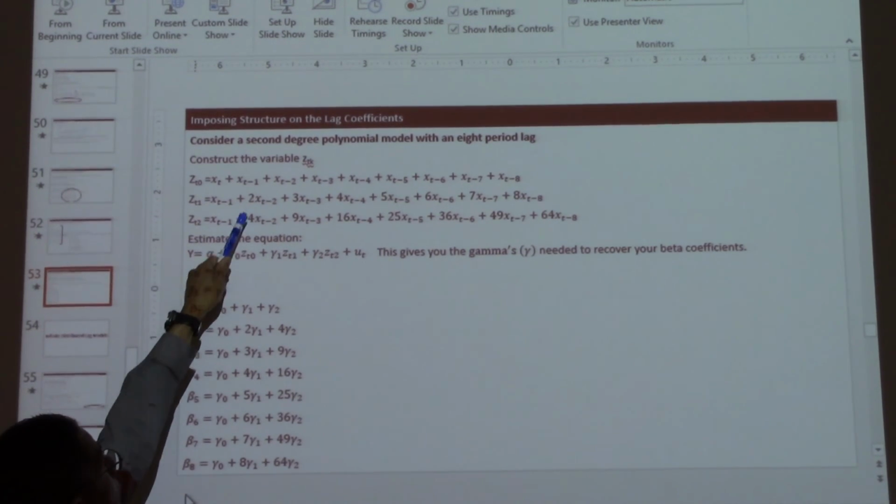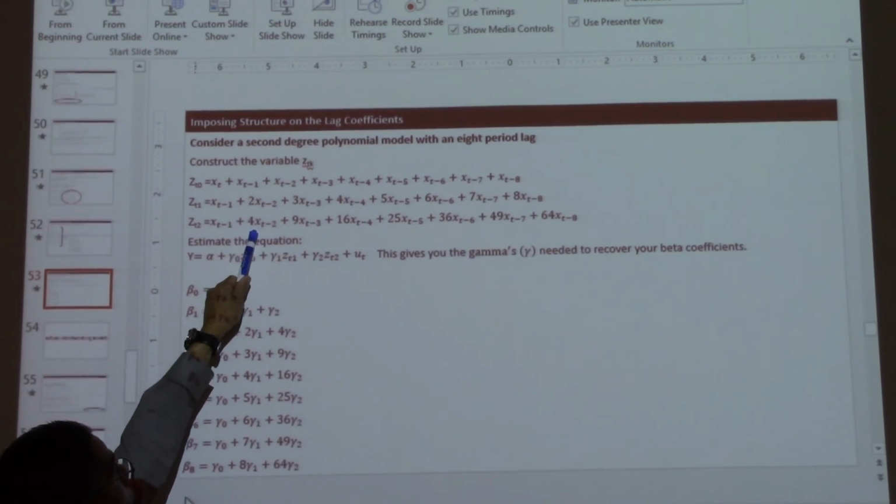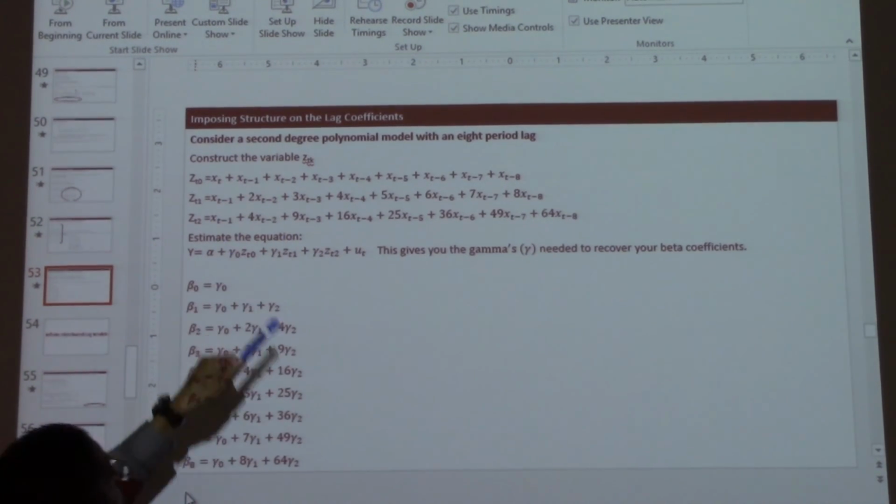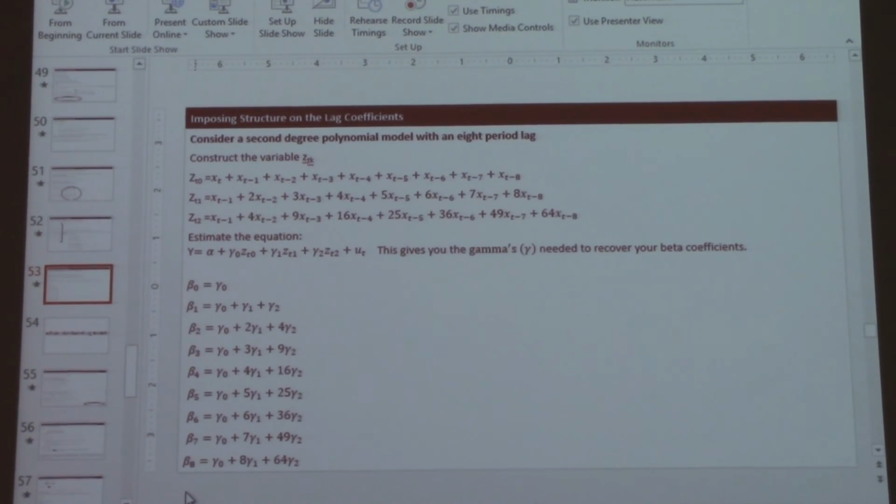ZT2, we're going to use the square, 2 squared, so it's going to be 4, it's going to be 9, 16, 25. So we just need to construct these z variables. All that other stuff just tells us how we got to here, but for the practicality of implementing this, all we got to do is construct those z variables. Make sense?